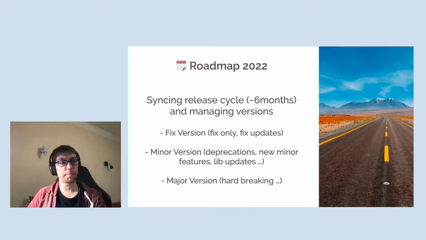Fixed version is just patch, minor version is deprecation and minor features, and major version will bring you hard breaking changes. Then it's super easy to see if you can update easily or not in a Koin version.